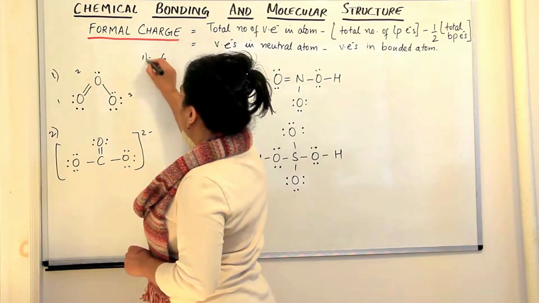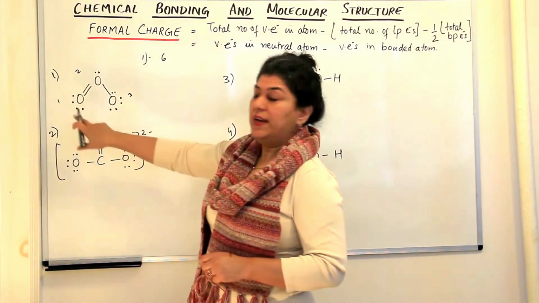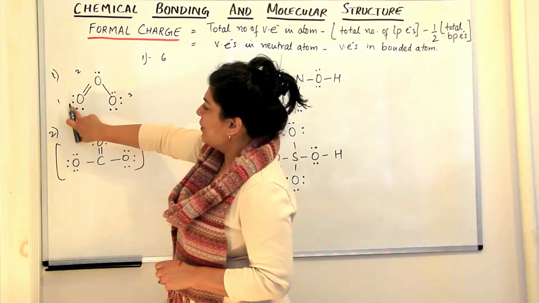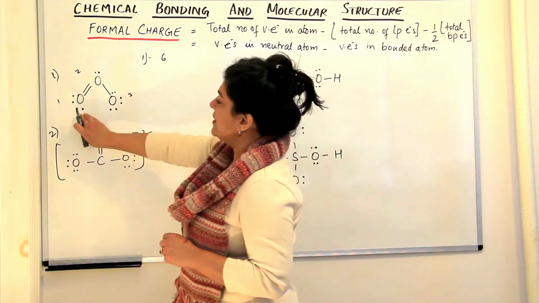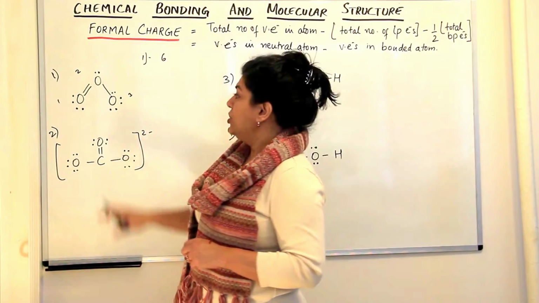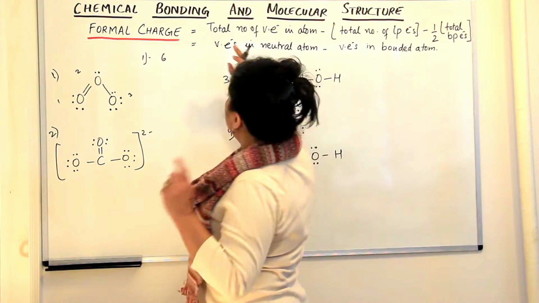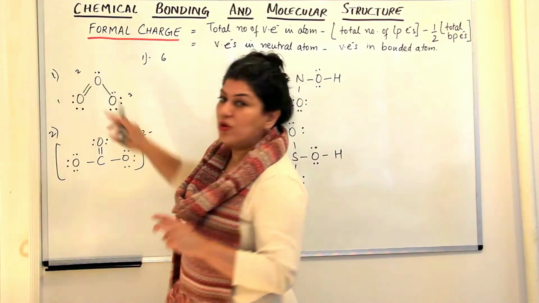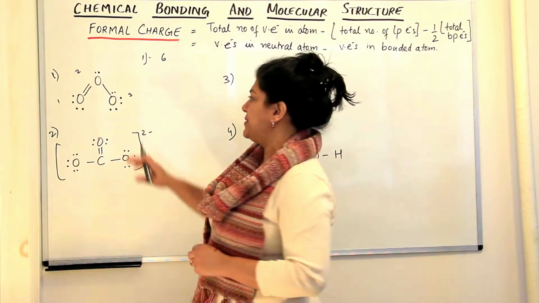And 6 minus, how much does it have in this? If you follow the formula, how many lone pairs does it have? It has 2 lone pairs. So in total, there are 4 electrons which are present as lone pairs and 2 electrons which are present as bond pairs.